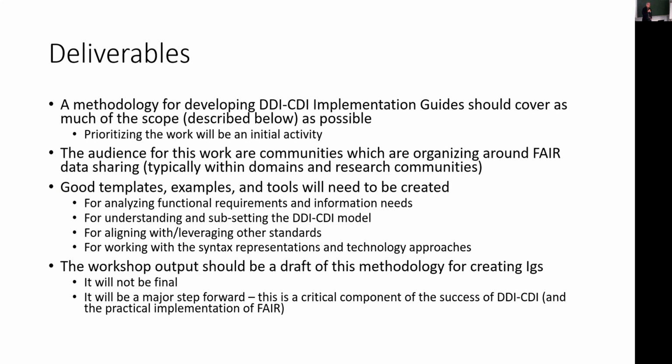Now that is, I believe, hopelessly ambitious. But based on who we have here and the examples that we're working with, I think we can identify some portions of the scope I'm going to describe and really get into what would be useful to implementers. And this is not an academic exercise. This is very much a handbook for implementers to take and use when they're looking at their communities and what kind of FAIR data sharing they want to do.